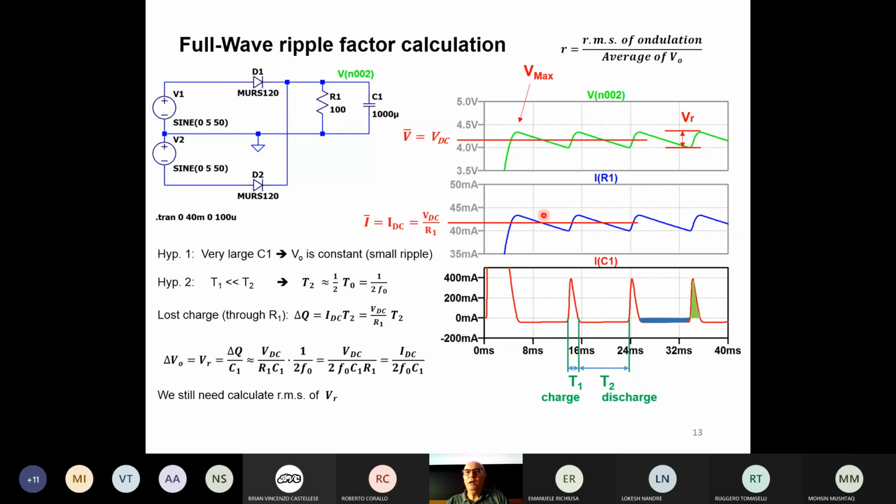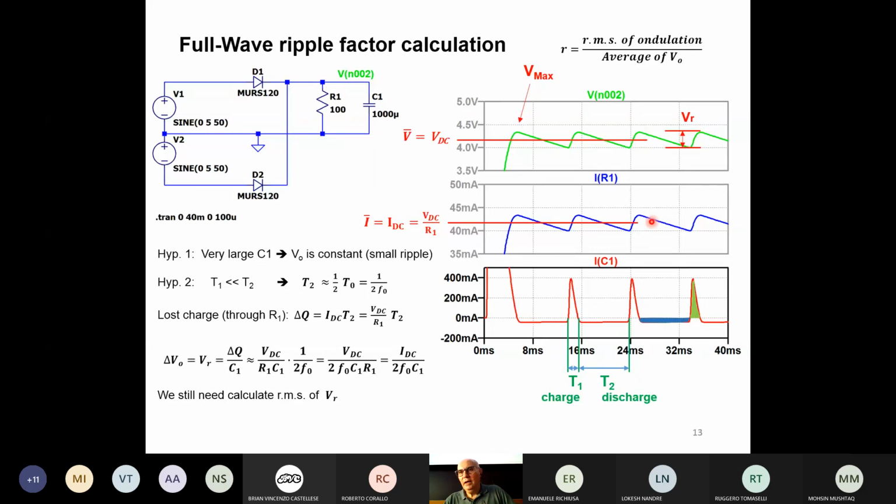The current through resistor R1 has the same shape as the voltage across it, due to Ohm's law: you just divide the voltage by the resistance. This current is a bit more than 40 milliamps, because we use a 100 ohm resistor. If you divide 4 volts by 100, it makes 40 milliamps. And so we have an average current that we can calculate as VDC divided by R1.